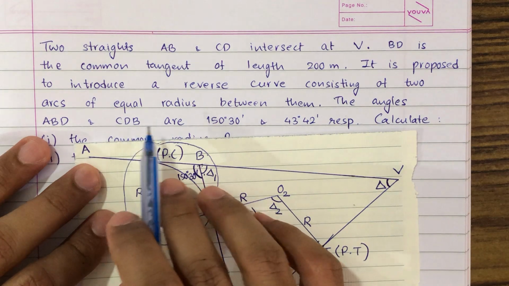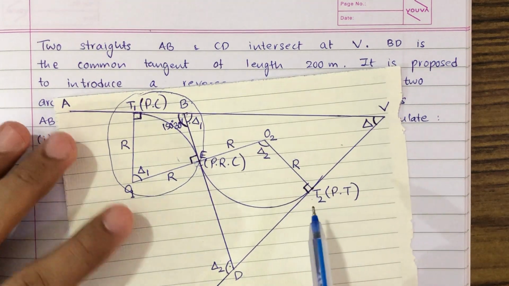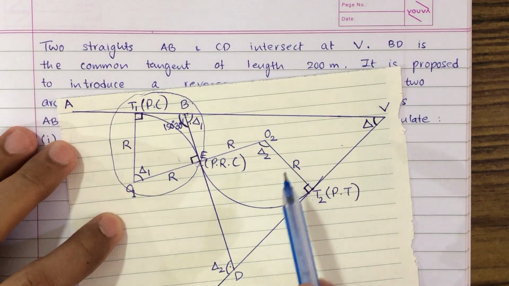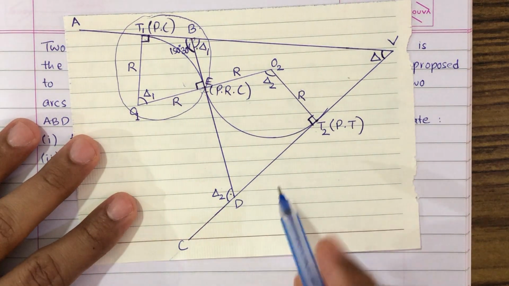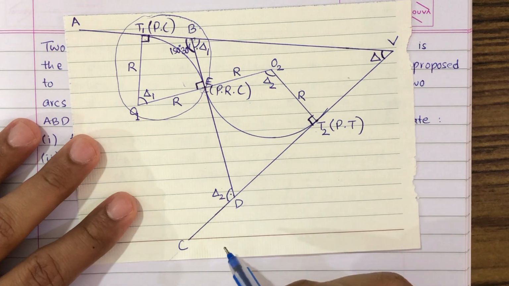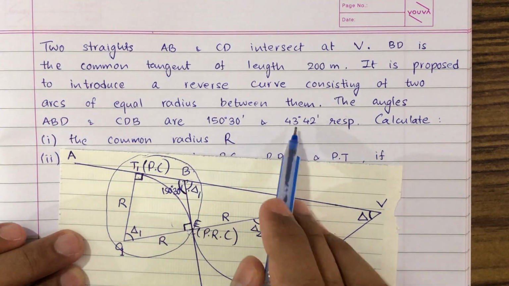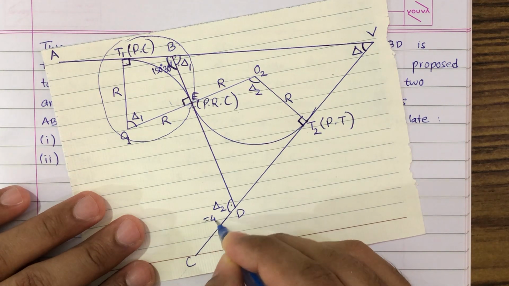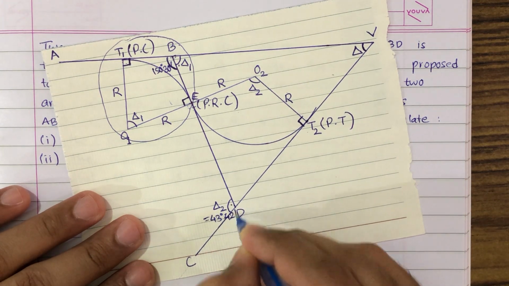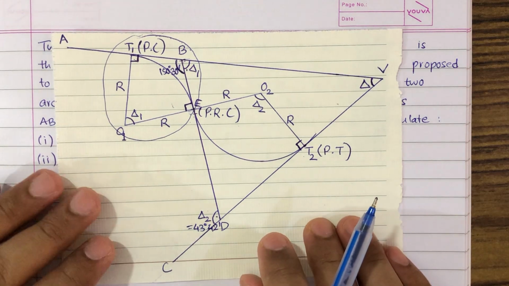Also angle CDB. CDB is this angle, with C, D and B. This angle, that is delta 2, is given as 43 degrees 42 minutes.